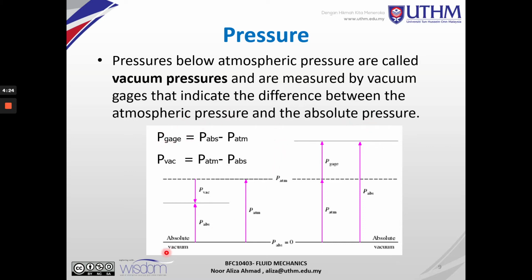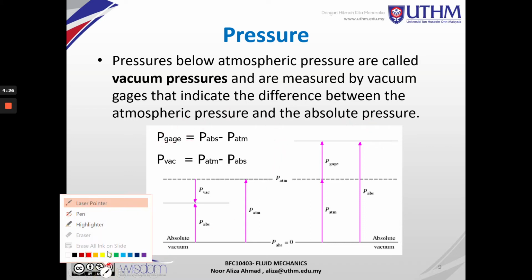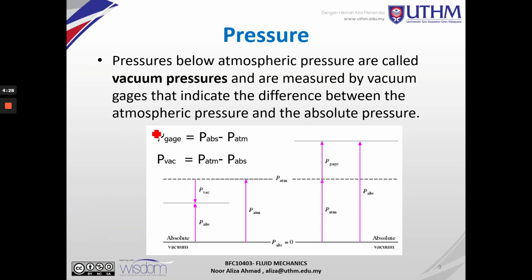Usually we use these equations: P gauge is equal to P absolute minus P atmosphere, and P vacuum is equal to P atmosphere minus P absolute.